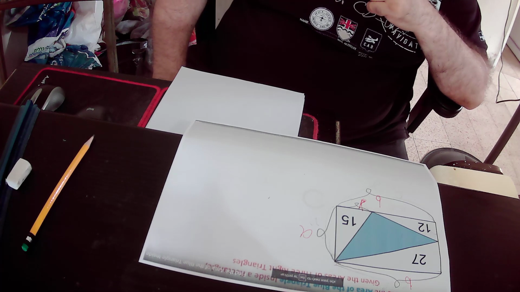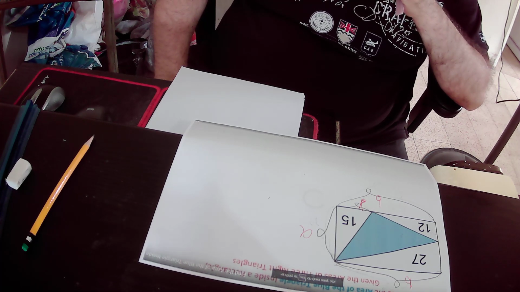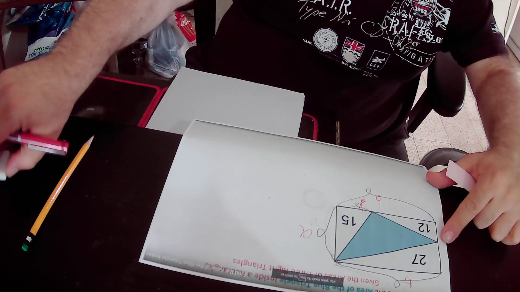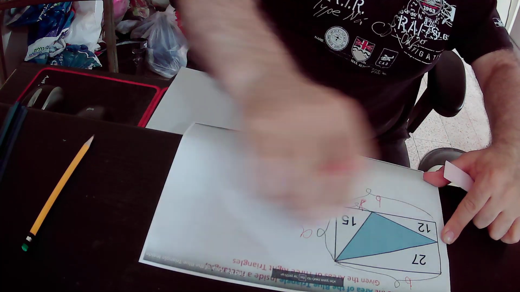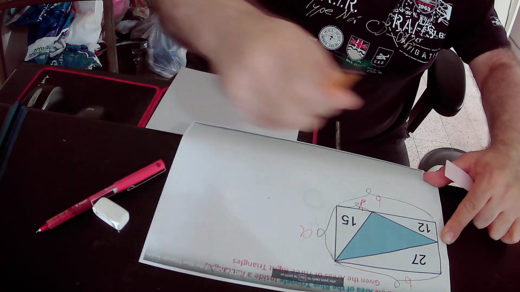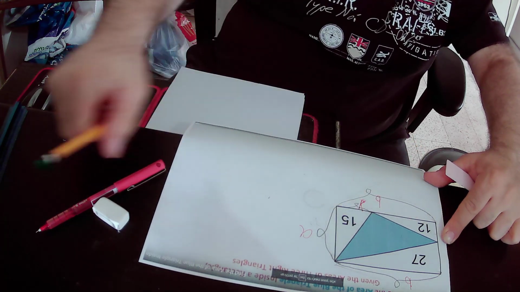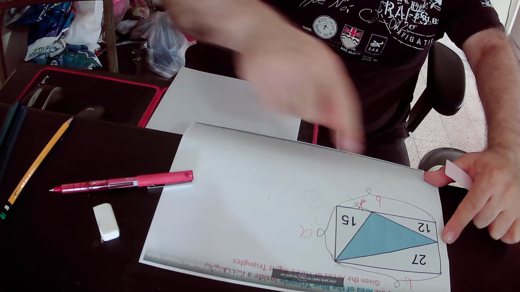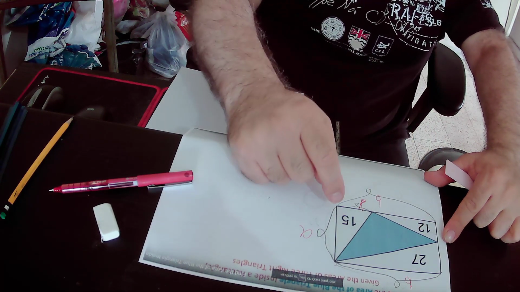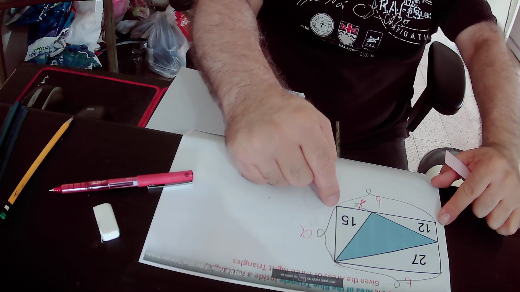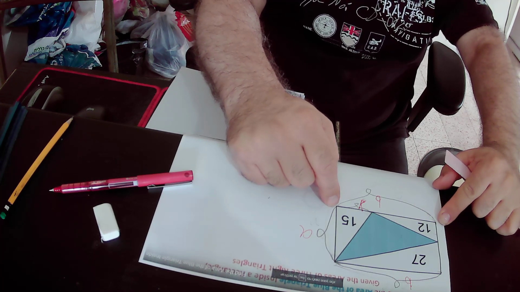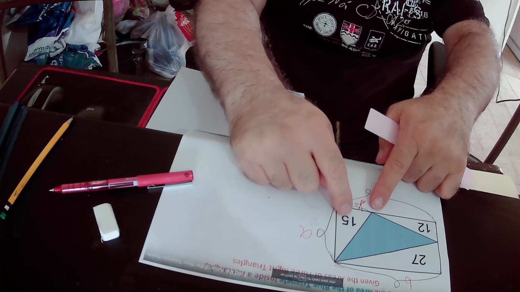And the base of the triangle whose area is 12 units will be the length of the rectangle, that is B, minus the base of this triangle, that is y.